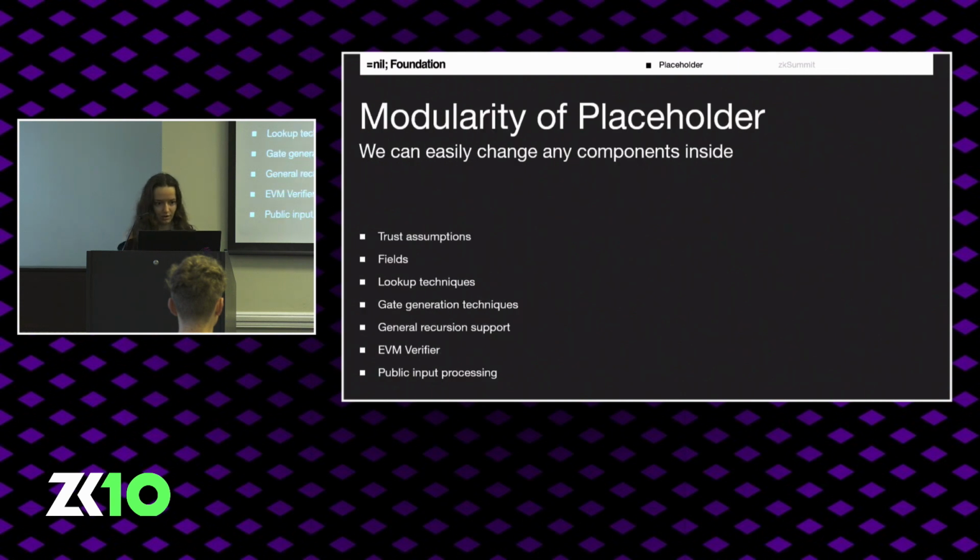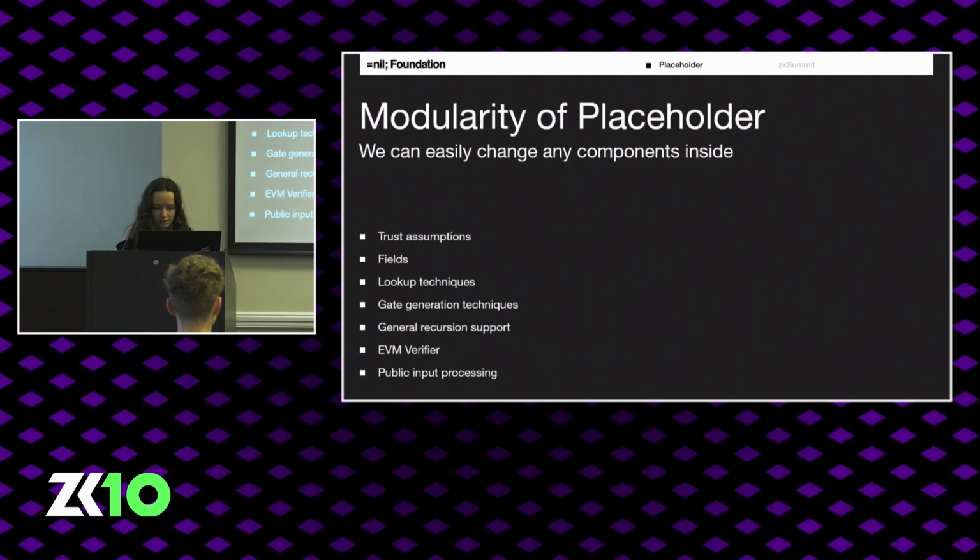So what exactly is modularity? Which components do we have inside Placeholder? So let's start: trust assumption, fields, lookup technique, gate generation technique, general recursion support, EVM verifier, and public input processing.